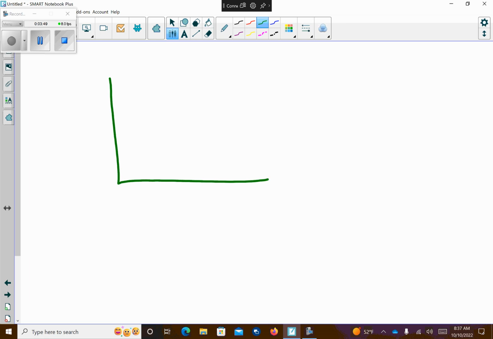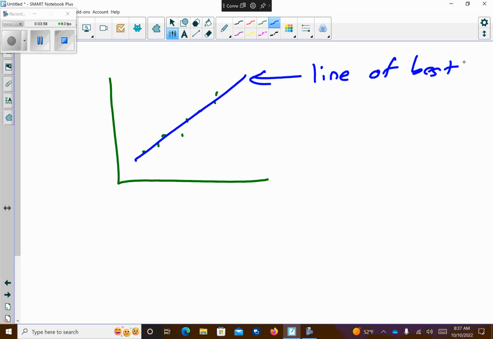We went and looked at some line of best fit. The line of best fit is also called the regression line, which is also called the least squares regression line. It is a prediction. It's not exact.